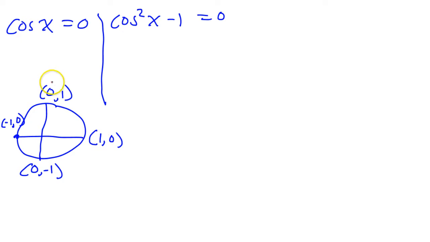So that's 1. Here's an x value of 0. That's negative 1. Here's another x value of 0. So these are the two angles that have a cosine equal to 0. So I'm going to record those solutions, which are, so far I have x equals pi over 2, all right, here at the top. And down here, this is 3 pi over 2.